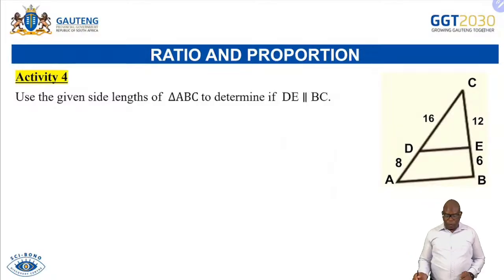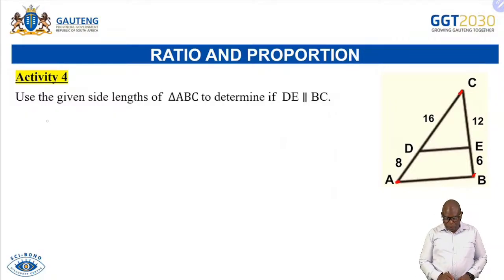Just to quickly check with this one: use the given side lengths of triangle ABC to determine if DE is parallel to BC. That is the activity that I did in the previous slide. So what do you do here? I'm just going to be a bit innovative.